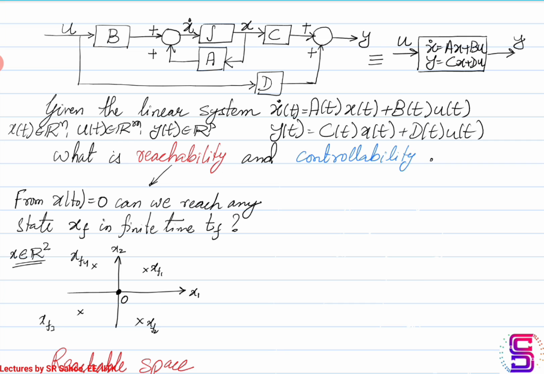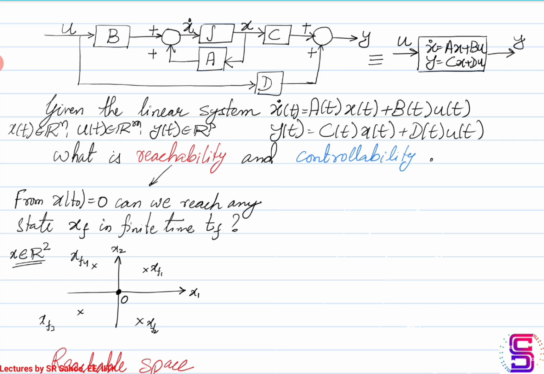So from the initial state x(t0) equal to 0, given the time interval t0 till tf, where t0 is the initial time and tf is the final time for this interval under consideration, we want to see which states can be reached, or which of these states the solution trajectory of x(t) can possibly pass through at time t equal to tf for some corresponding continuous time input u(t).